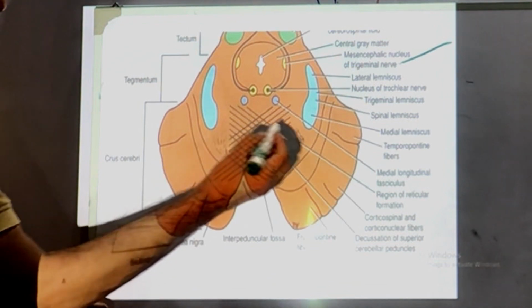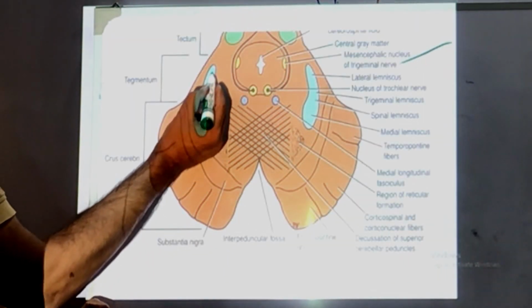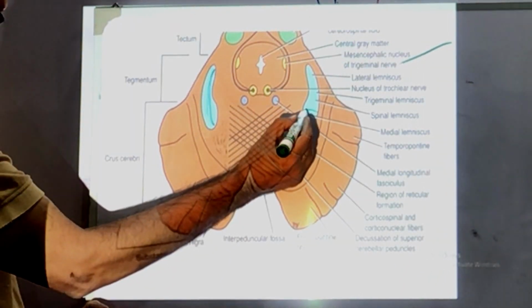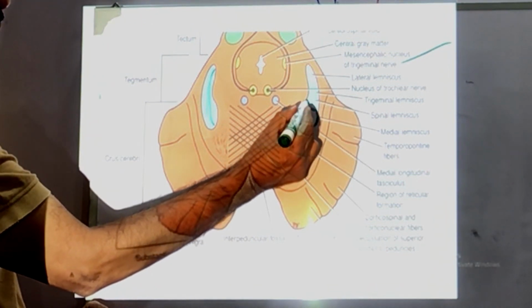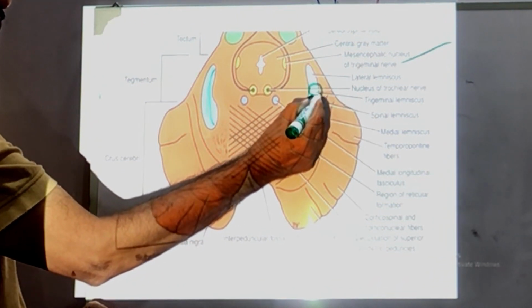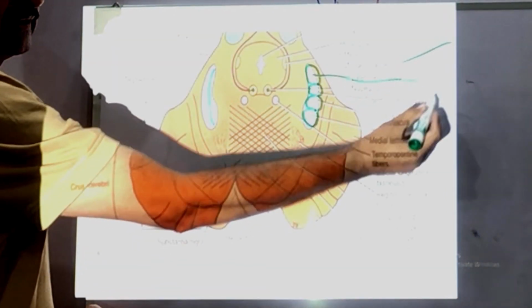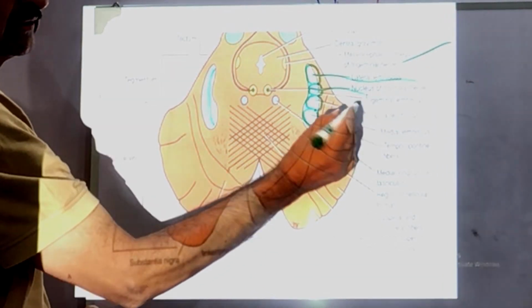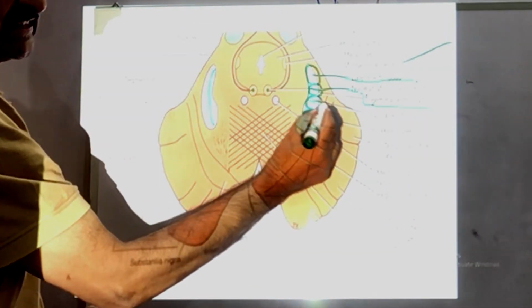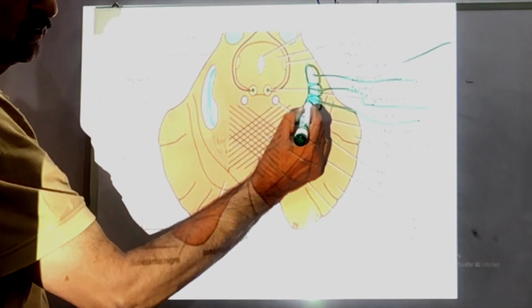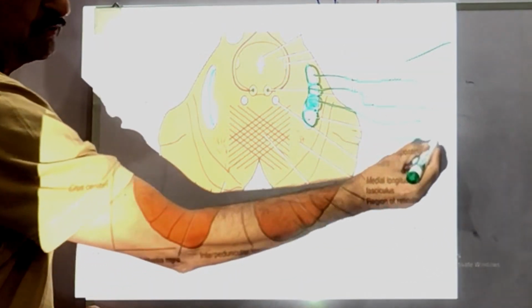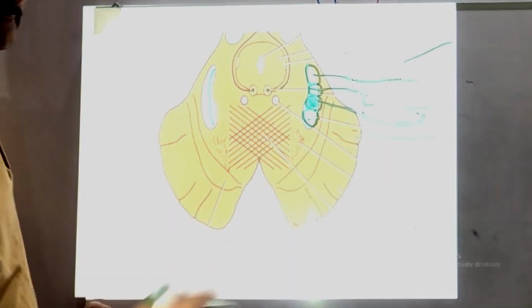Lower midbrain. Where is this lemniscus? Here are 4 lemnisci. Four have been shown here. This one, this one, this one, and the last one. This one is what? Next one is what? This is now the thing which I am showing you. But the last one, you see the first one. So this is your lemniscus here.